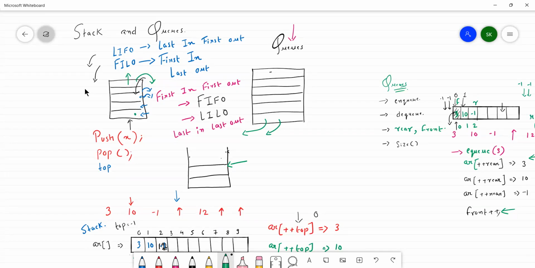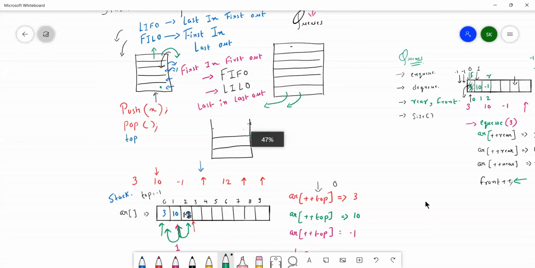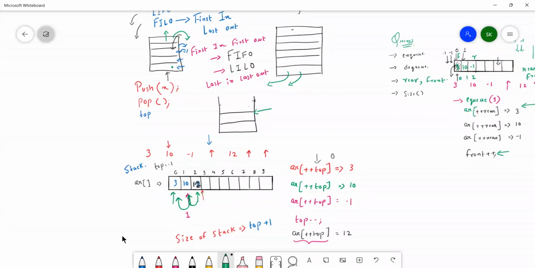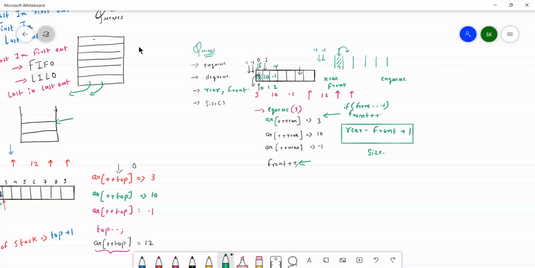The pointer which we use in stack is top, and the pointers which we use in queues are rear and front. Clear? And the size operation is the same in both of them, just the formula is different. For the size function in stack, it is top plus 1, and for queues it is rear minus front plus 1. Clear?